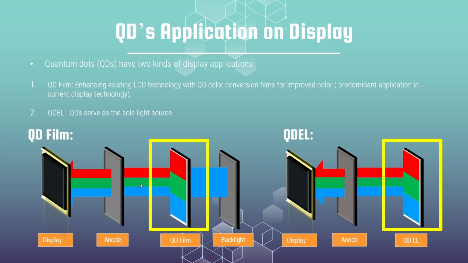One involves improving existing LCD technology by incorporating QD films to enhance color in displays. The other application is electroluminescence quantum dots QLED, which is called QDEL, where quantum dots serve as the sole light source. This approach enhances color purity and contributes to a sleek and thin display structure.